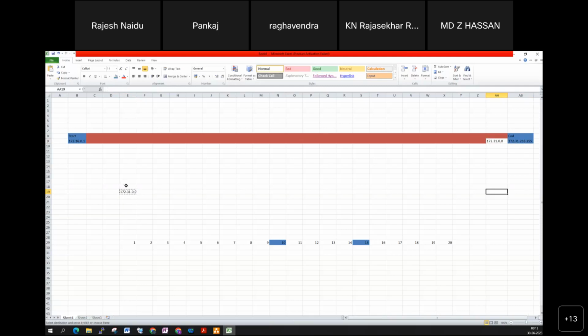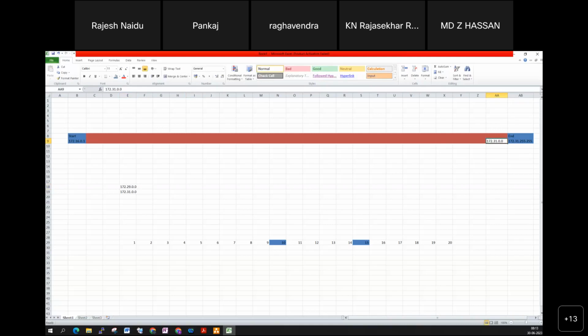Suppose you tell me 172.29.0.0. Now can you tell me where this range will come? Before 31 or after 31?